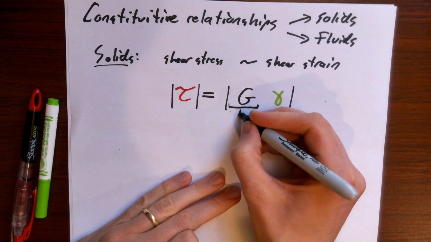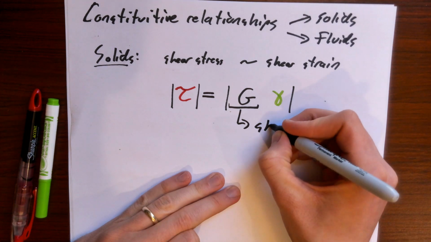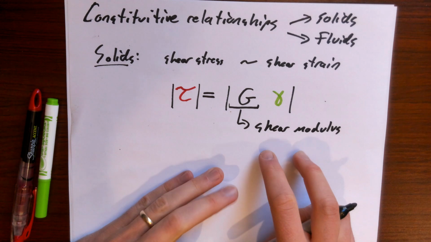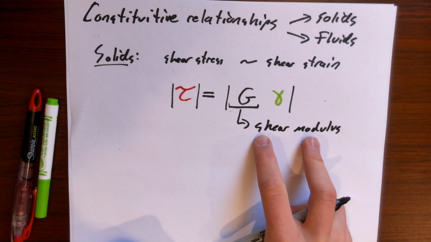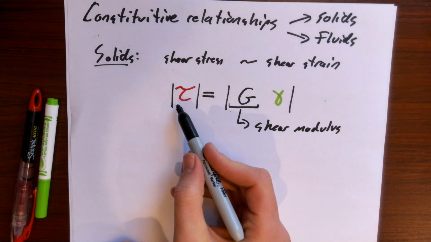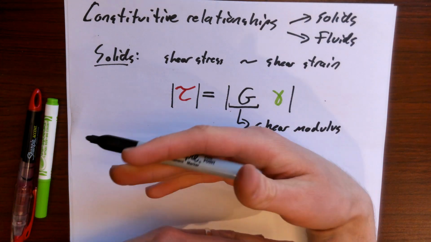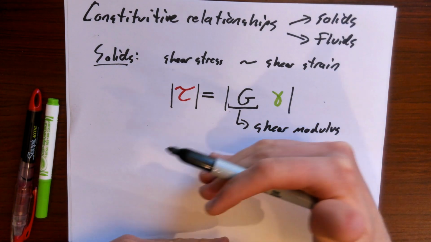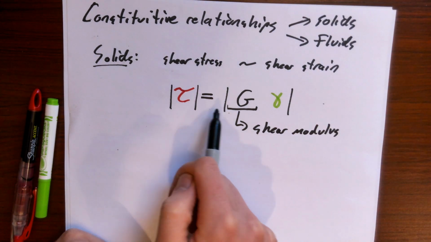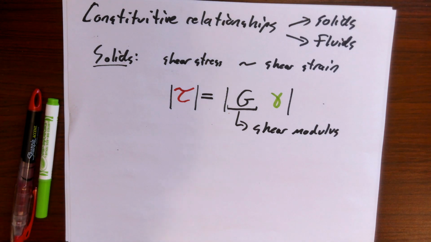For solids, we call this the shear modulus, which is related to but not exactly the same as Young's modulus, if you're talking about normal stress and normal strain. So if I have some solid and a little bit of shear stress, I get a little bit of shear strain. If I apply more shear stress, I get more shear strain, and the relationship between them is this shear modulus. So prepare yourselves for a pause and ponder question.